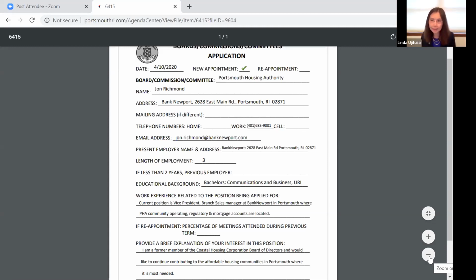Can I just interject here? Sure. I don't doubt that the Ethics Commission would entertain a letter from Portsmouth asking for an advisory opinion. I think it would have to come from the individual who applied for the appointment. So I would take that out of the motion and just maybe communicate through the administration, communicate back with the Housing Authority and with the applicant, and point out the council's concerns.